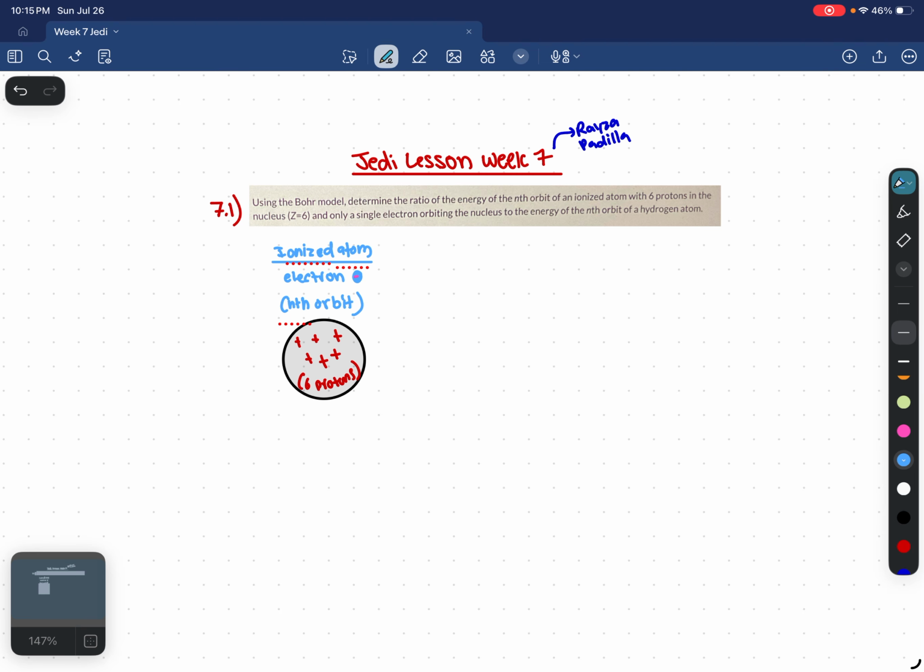Now over here we're going to have the hydrogen atom. This is the electron. This is going to be the ninth orbit.